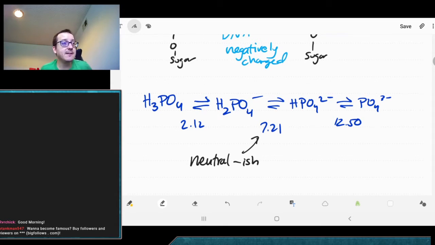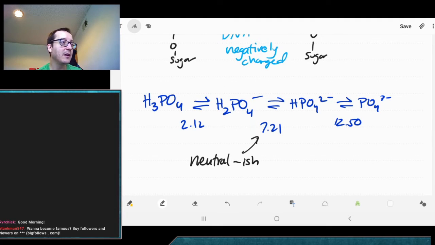And so we're going to see that this is an important buffer system in the body as well as in biology experiments. A lot of the reactions that you do in biochemistry and biology will be dealing with buffer systems. You use PBS a lot, phosphate buffered saline. The phosphate there is there to keep the pH where you want it.